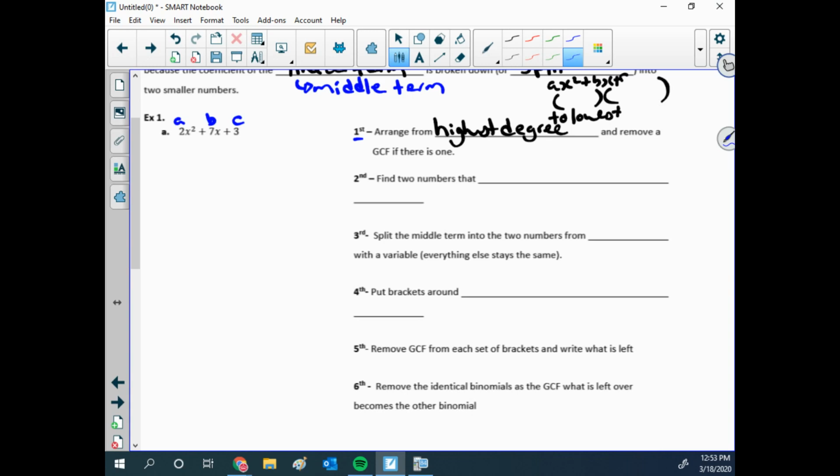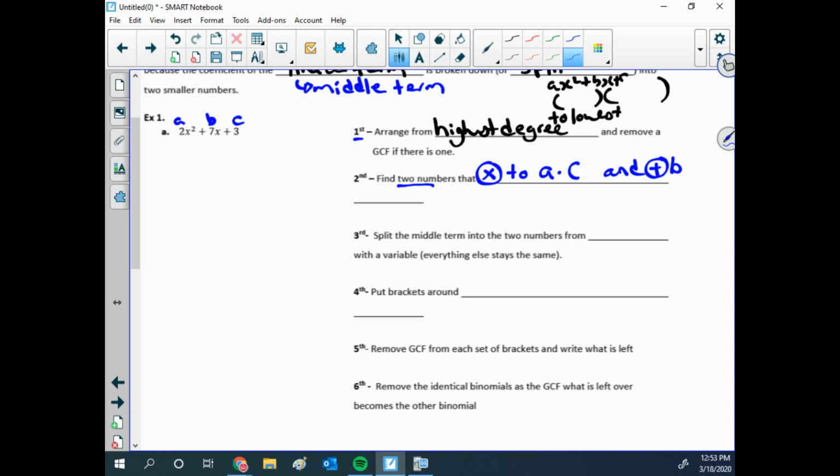The next one says find two numbers. So now what I need to do is find two numbers that multiply to A times C and add to B. Now, this is a skill some people are really good at and others are not so much. So let's take a look.